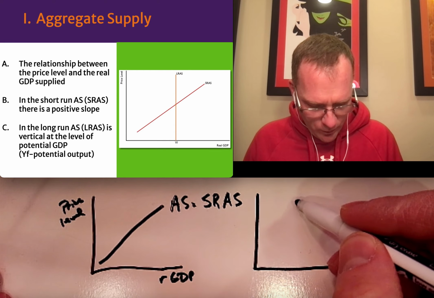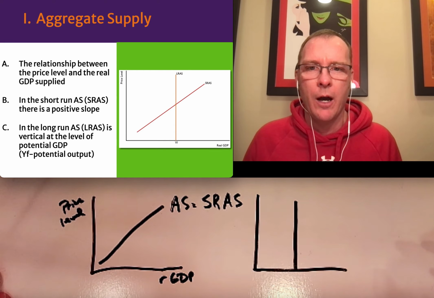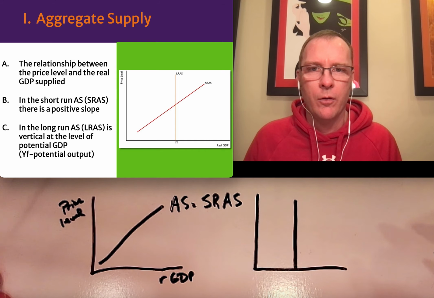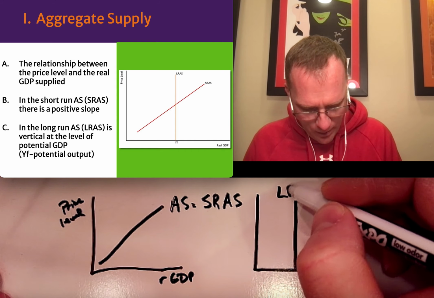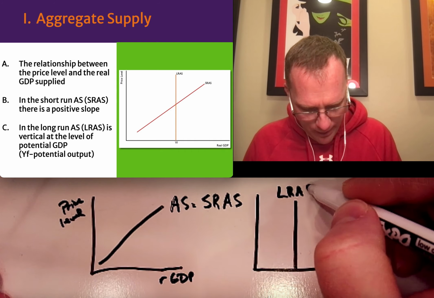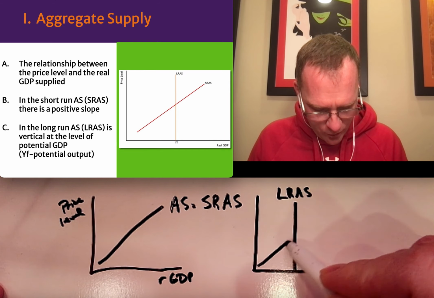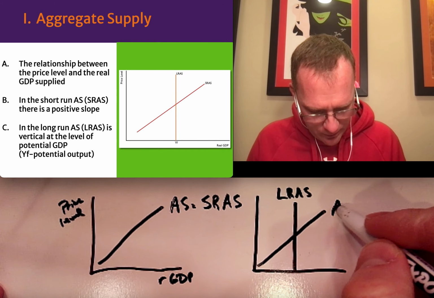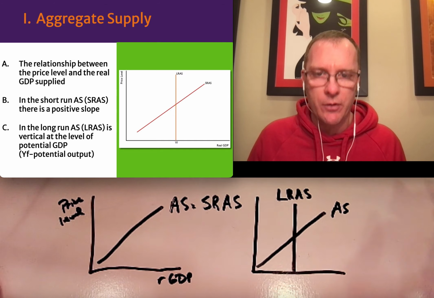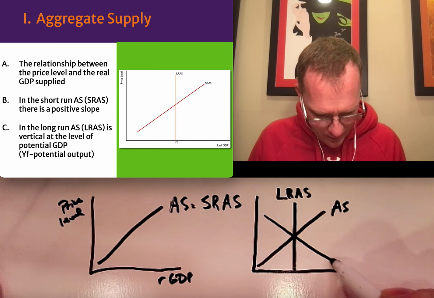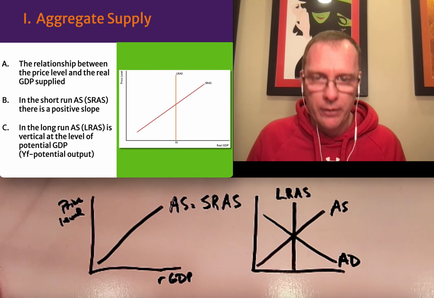So you'll see this perfectly vertical line. And then up here, you'll see LRAS, which just means long run aggregate supply curve. And oftentimes you'll see it with a short run aggregate supply curve in here, just labeled AS. And a lot of times you'll see it with an aggregate demand line in here like this, aggregate demand.